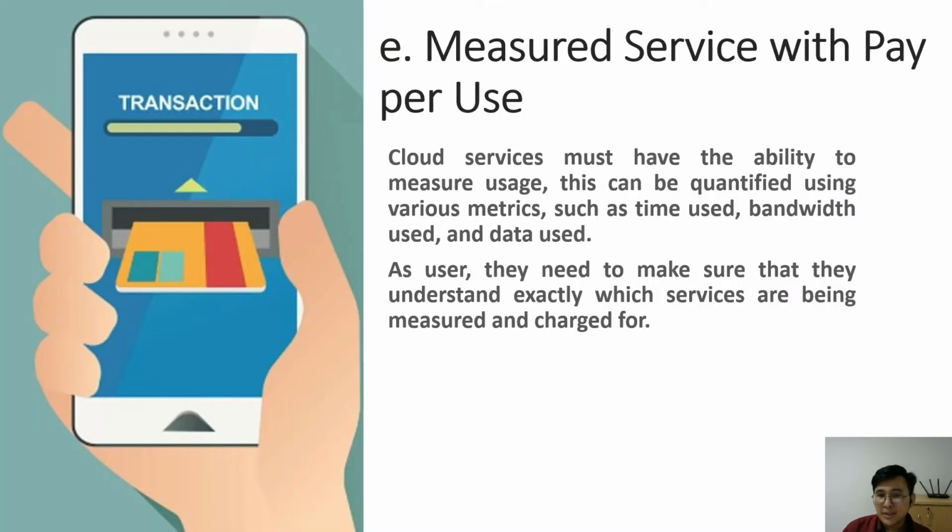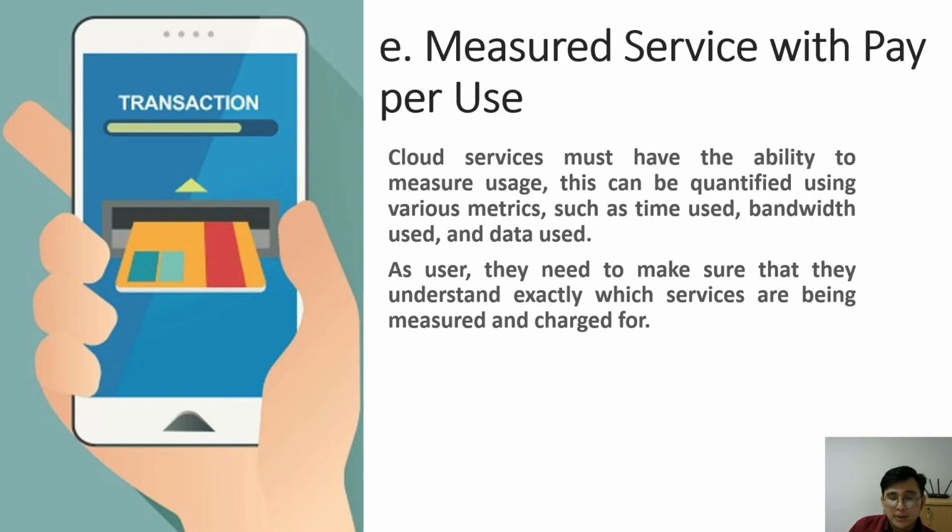The last one is the measured service. I think some of you may have heard about pay per use, especially maybe someone who likes wrestling, WWE. They sometimes have pay per view and something like that. So we have what we call measured service with pay per use, which is a service that has the ability to measure the usage.